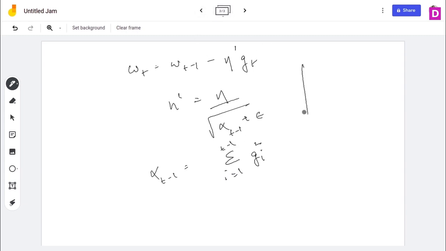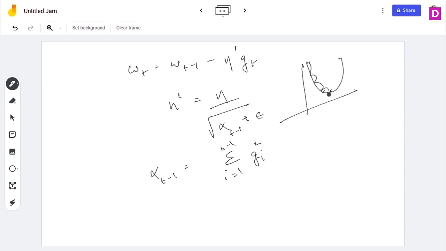So if we have the graph here, every time that we are going down, for the next one it will take all the gradients that it had calculated before and it will square each of those and sum all of them up. So for the next point that we will be calculating, it will take the gradients of all the previous points, square each of those and sum that all up.